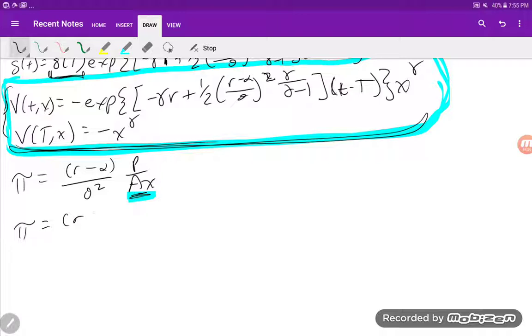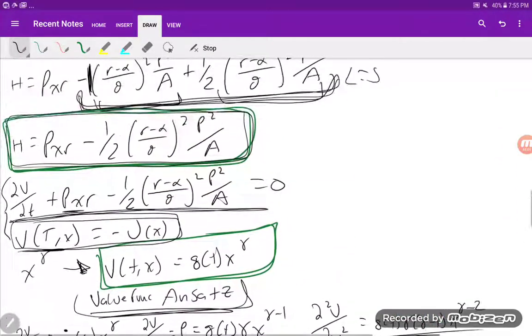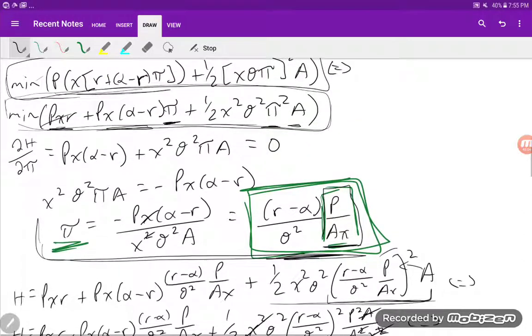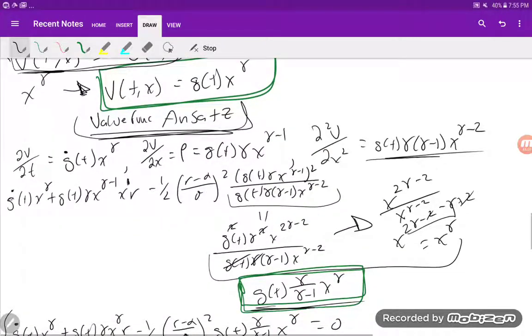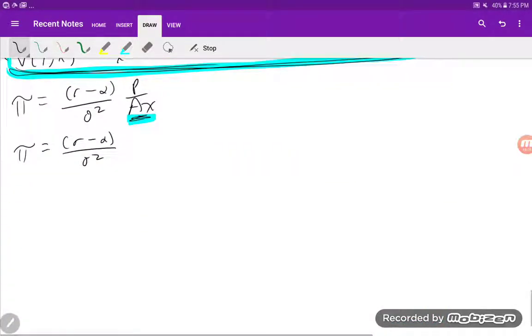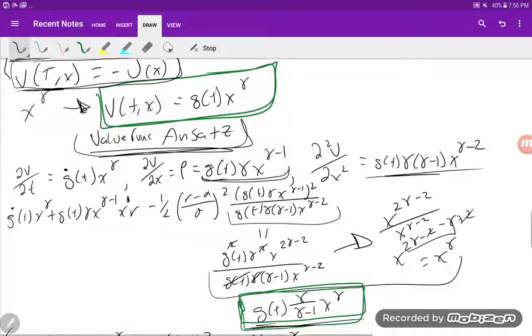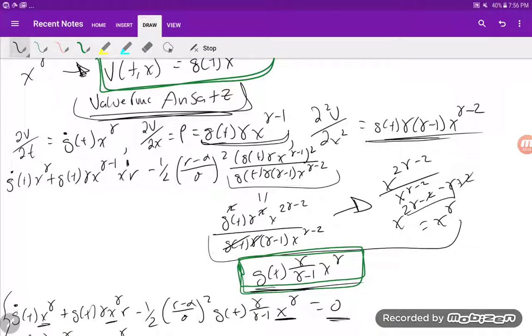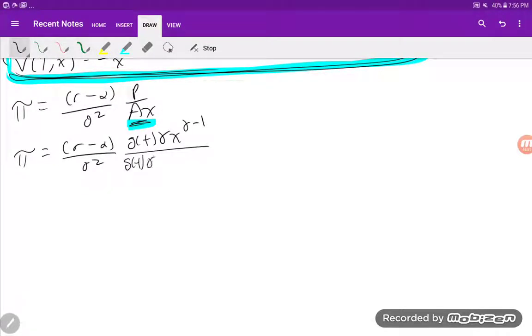So we're going to have r minus alpha over sigma squared, and let's go find what P was. P is equal to g of t gamma x to the gamma minus 1. And then over what was A? A was g of t, the second derivative: g of t gamma times gamma minus 1, x to the gamma minus 2.